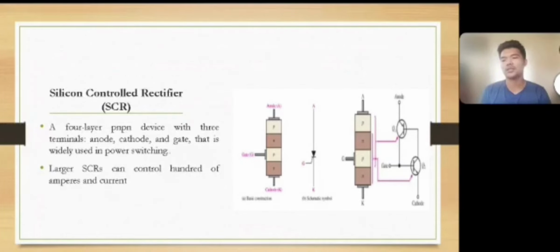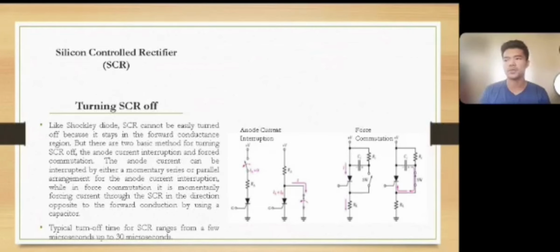To turn off the silicon controlled rectifier, like the Shockley diode, the SCR cannot be easily turned off because it stays in the forward conduction region. But there are two basic methods for turning the SCR off: the anode current interruption and the forced commutation.